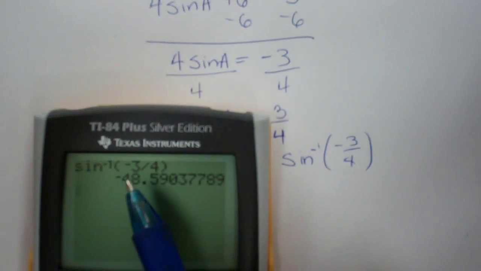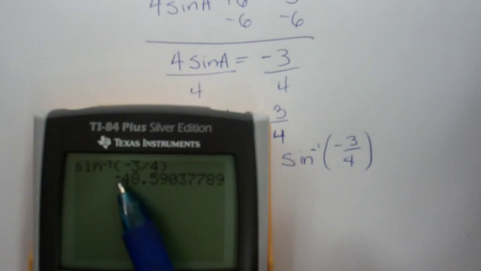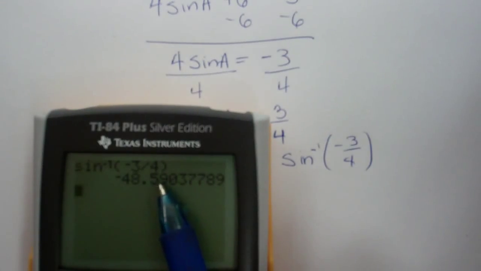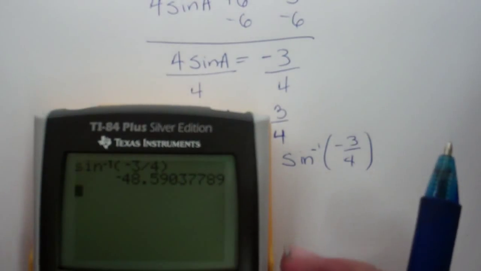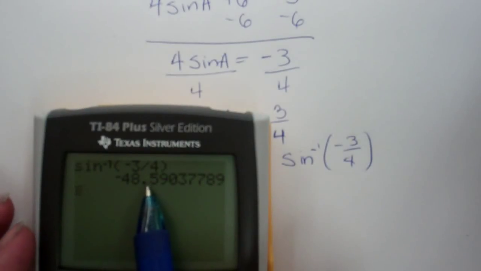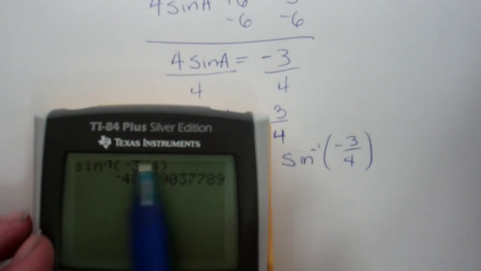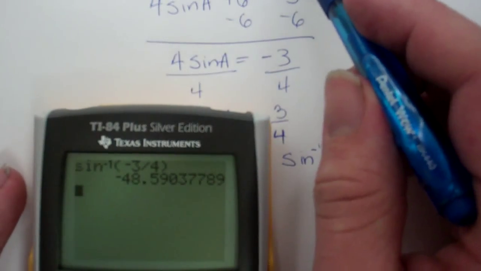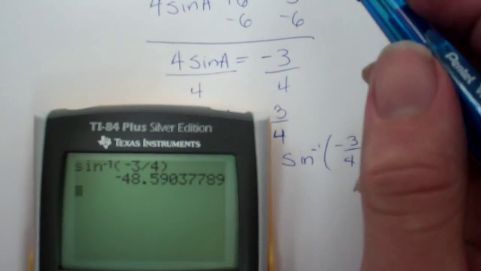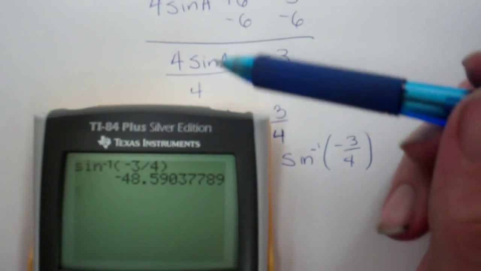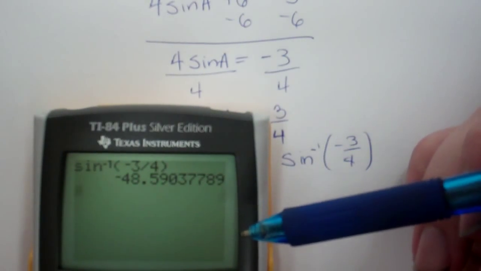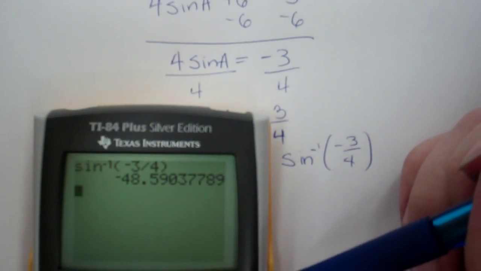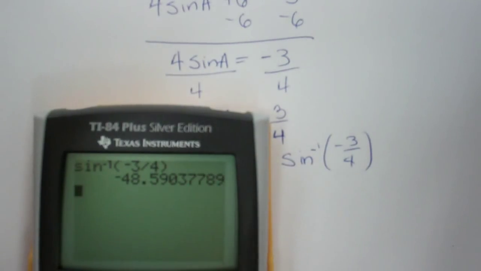And that comes out telling us that this is negative 48.59. I'm not going to round. The reason I'm not going to round is because we want to, in the end, convert to radians, and in the end, we will round. And if you round too many times before you get to the end, you can lose accuracy and be off a little bit.